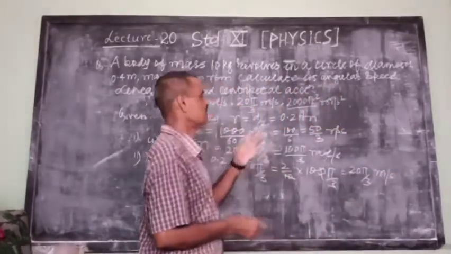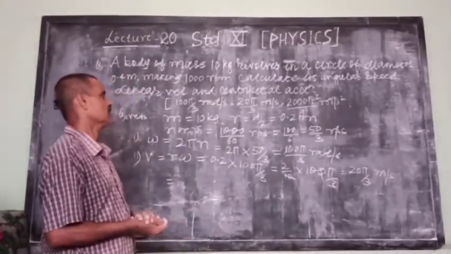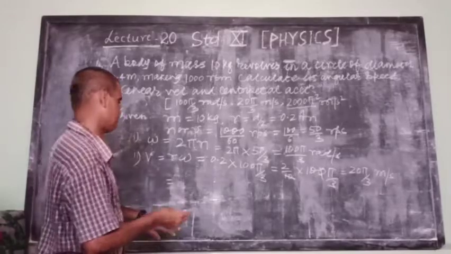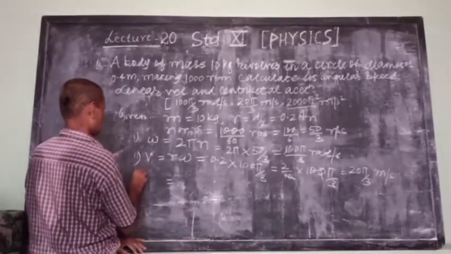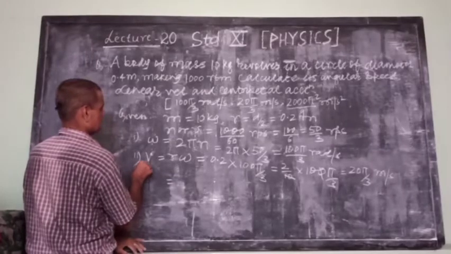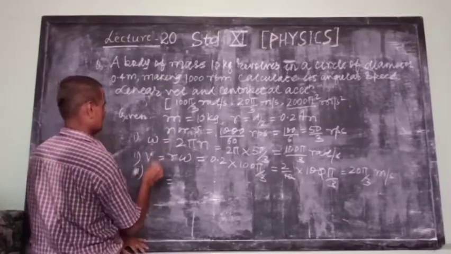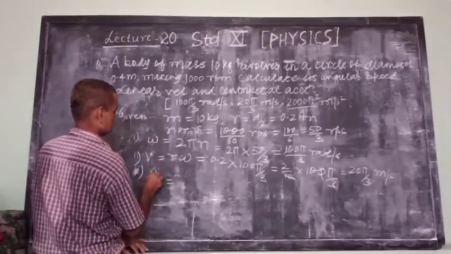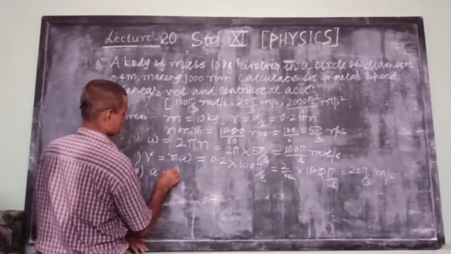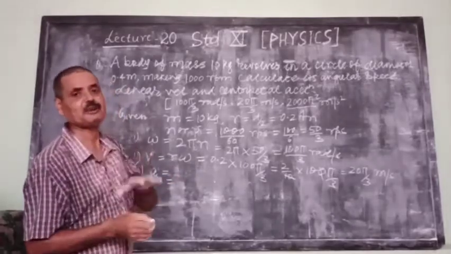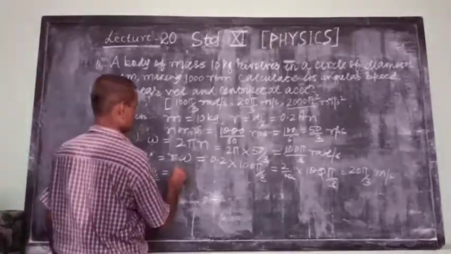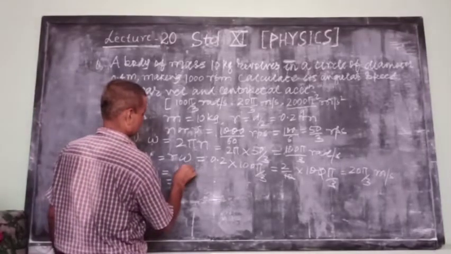And the last demand of the question is centripetal acceleration, which we have studied previously in this class. The third demand is the last demand, centripetal acceleration. A subscript C is centripetal acceleration, and its value is v square by r.